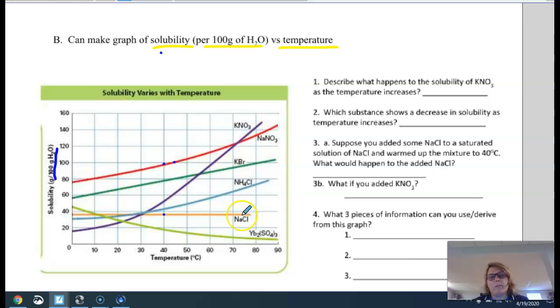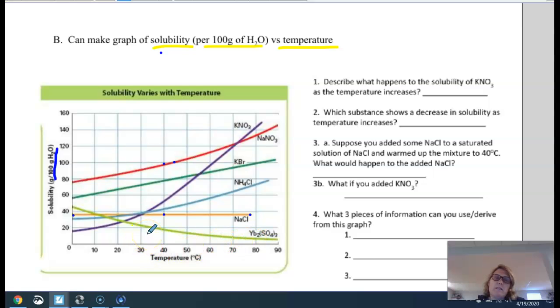About what you start with, which looks like about 38 grams at 0 degrees, is about what you'll end up with at 75 degrees Celsius. So you don't really get that much of an increase. The one that goes down, this more behaves like a gas. Gases tend to become less soluble as the temperature increases. So this substance here, the solubility is going down.